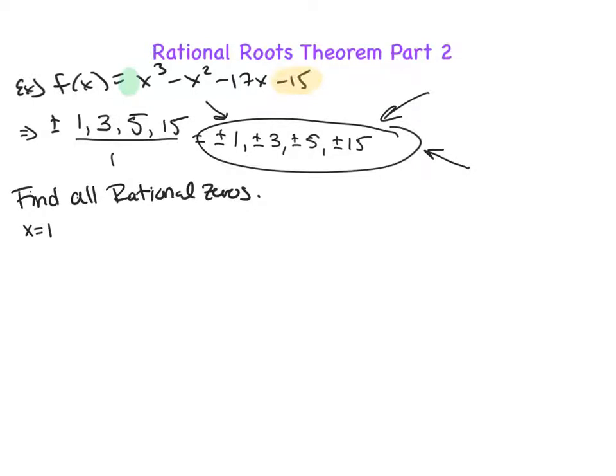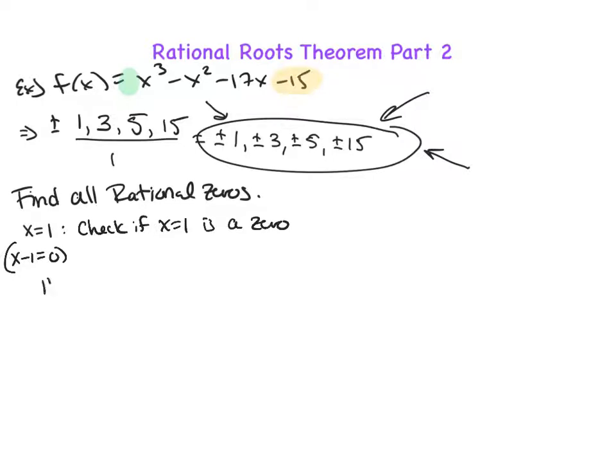So I'm going to pick my first value here, x equals 1, and I'm going to check if this is a 0 or a root. Okay, so remember, if x equals 1 is a 0, that's the same thing as saying x minus 1 is equal to 0, so x minus 1 is a factor.